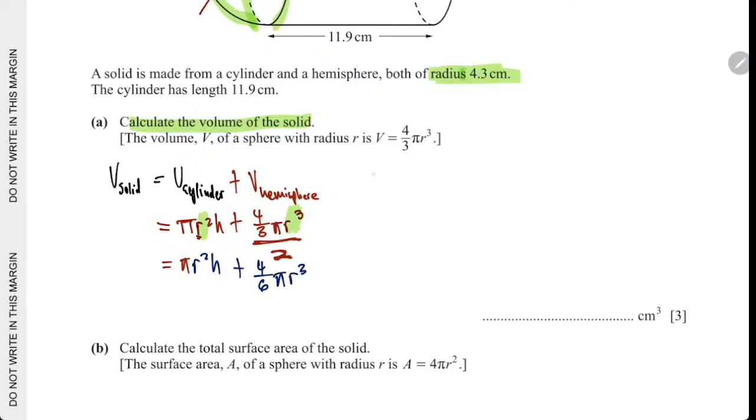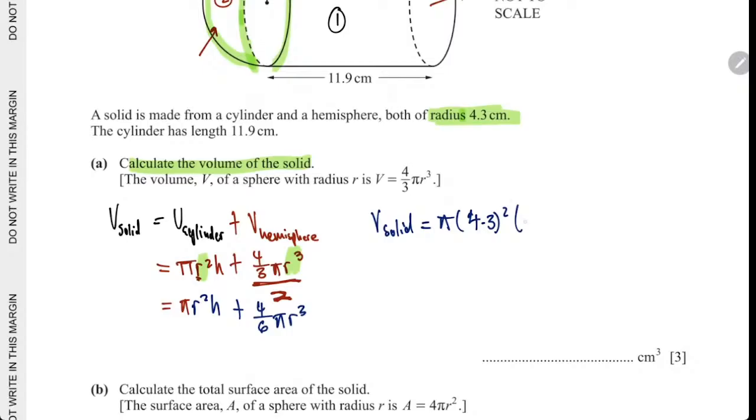So now the volume of the solid is going to be equal to pi times 4.3 squared, times the height, 11.9, plus 4 over 6, open bracket, pi by r cubed, the r is 4.3, so by 4.3 all cubed. This is now just about punching.